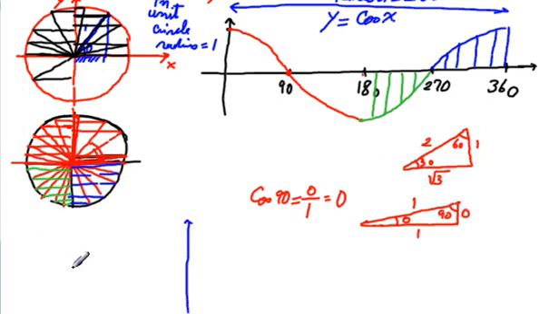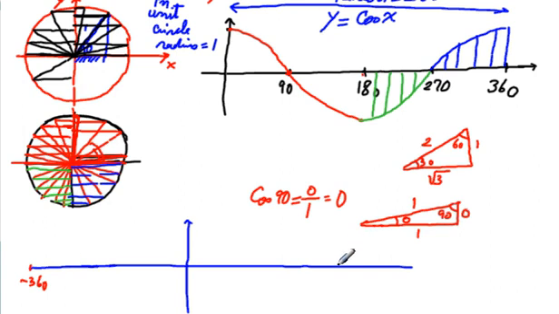Suppose I ask you to graph cosine of x from minus 360 to plus 360. So, okay, let's allocate some room for myself. Minus 360 to plus 360.